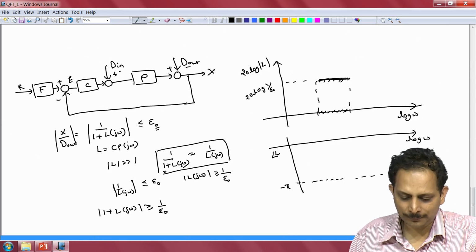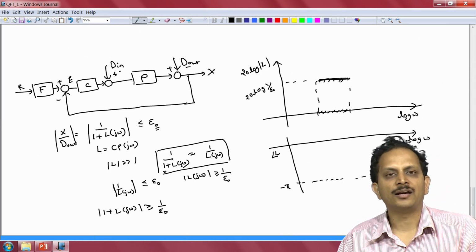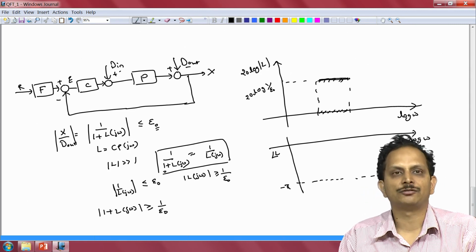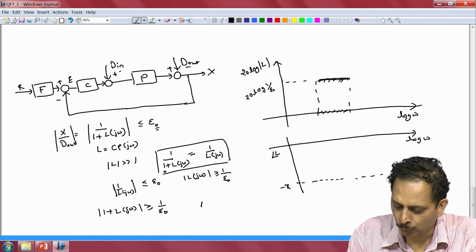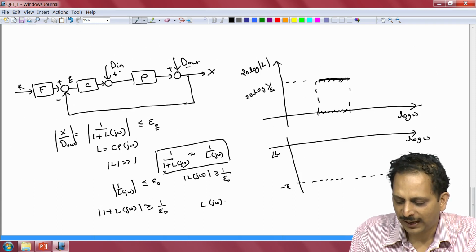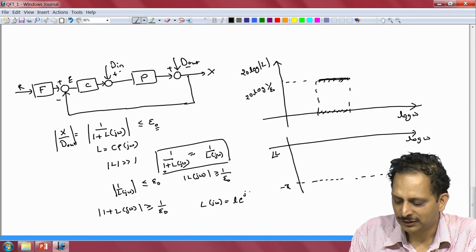Now, this equation has multiple values for the magnitude and the phase of the loop gain that can satisfy it. To see this, let us first substitute the loop gain L of j omega as some magnitude L and some phase e power j phi.